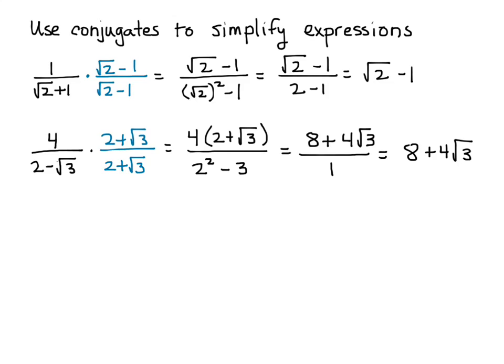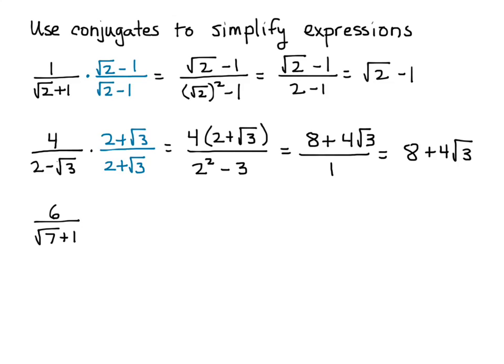But it's also how we divide rational or irrational expressions like that. Because isn't that last one the same thing as 4 divided by 2 minus the square root of 3? So now we have a way of doing this. We did the multiplication before, we did addition and subtraction. Now we have a way to do the division.